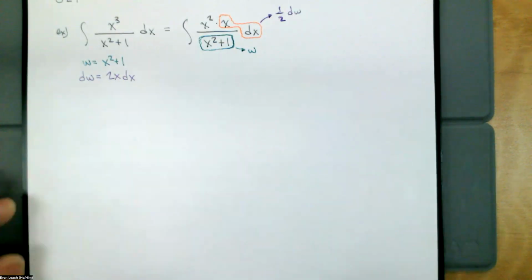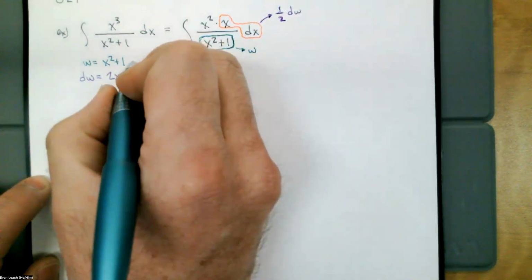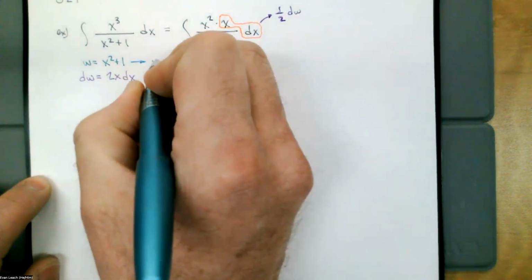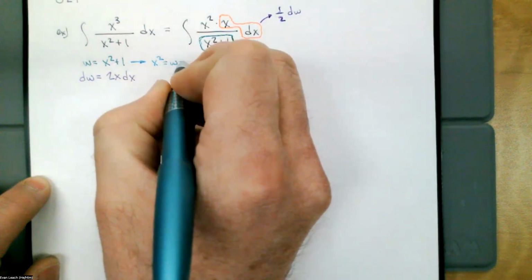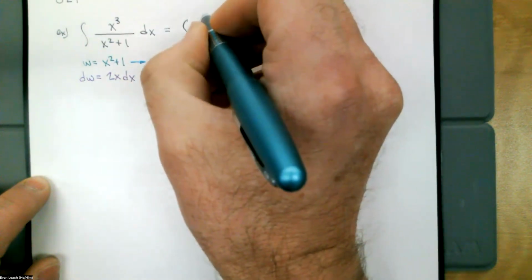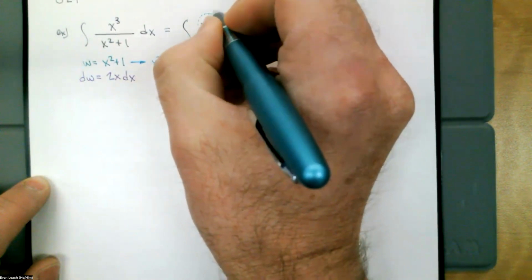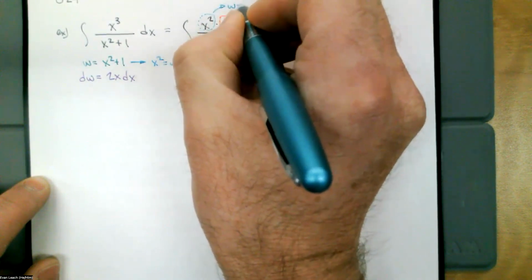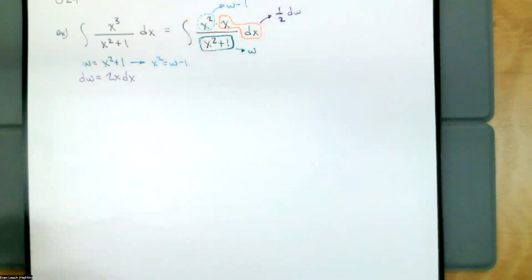There's no trick to it. It's just a simple trick. I can replace x squared with w minus 1.